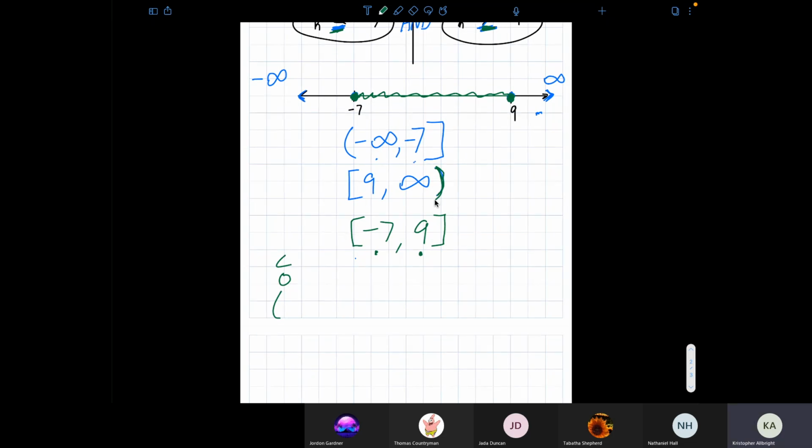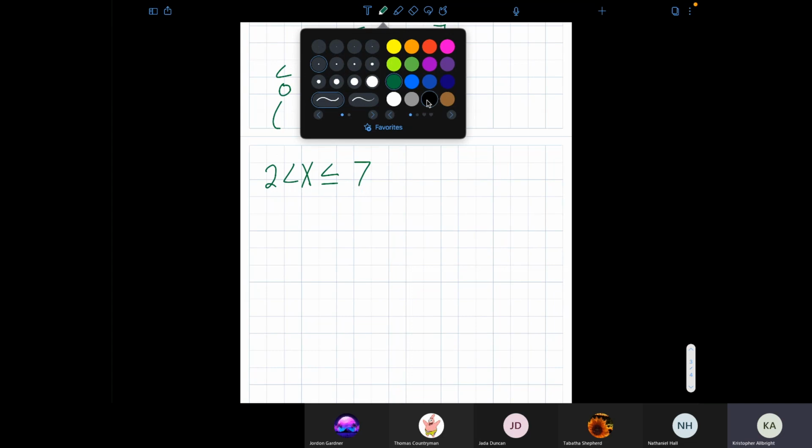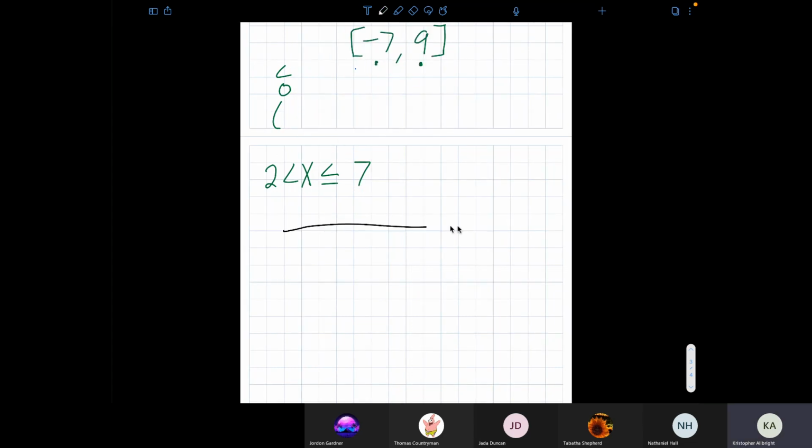So just to reiterate, if we had something that looks like this, okay, so we go to graph this. We draw our graph, and we put 2 on it, and then we put 7 on it.